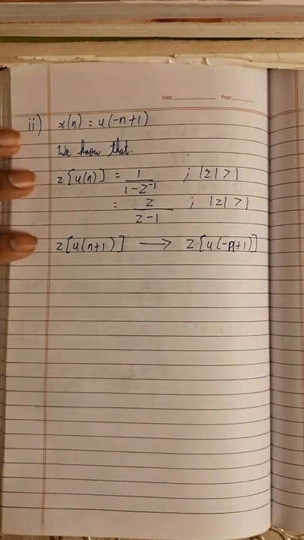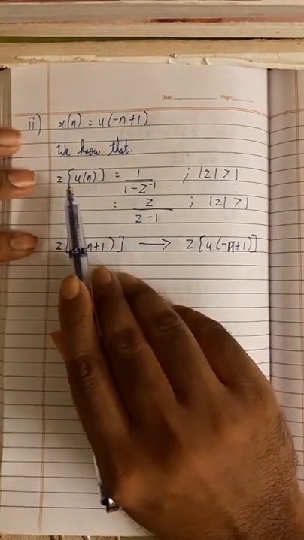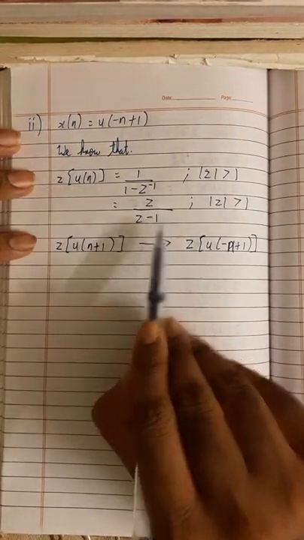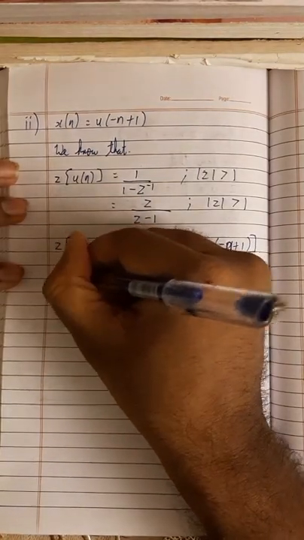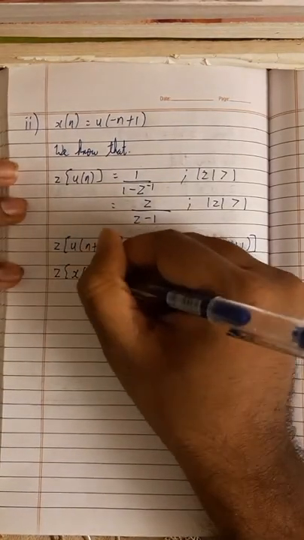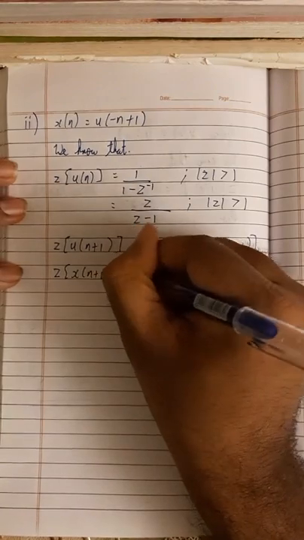So we know that the Z transform of u of n is Z by Z minus 1, and also we know the Z transform of x of n plus 1, this is the time shifting property.